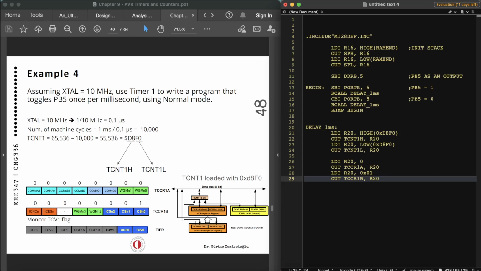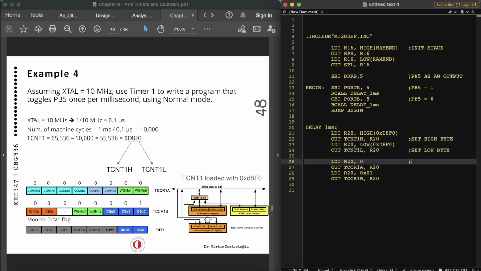So the normal mode, no pre-scaling, nothing. So we have set the timer configurations, set the high byte, and set the low byte of the timer.